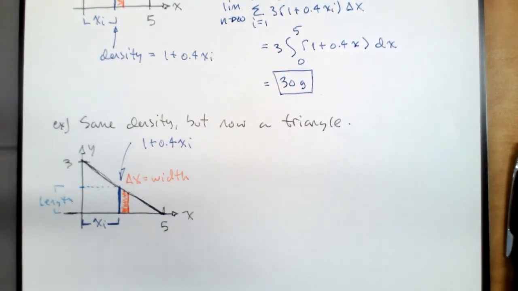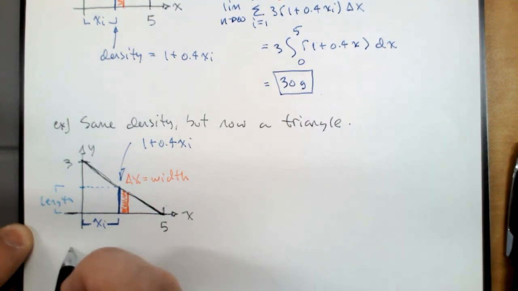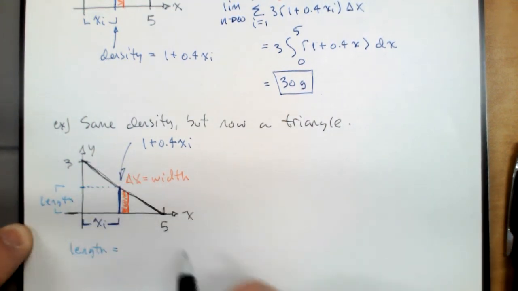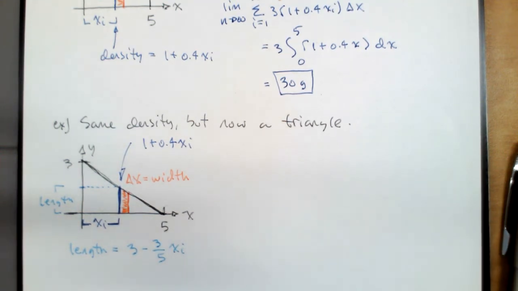What we need to do is find an equation for the length as a function of the variable x, the same thing we always have to do. And so the length, since we just got this line connecting (0, 3) and (5, 0), we can write a linear function starting off at 3 and decreasing by 3 over 5 units. So a y-intercept of 3 and a slope of -3/5.